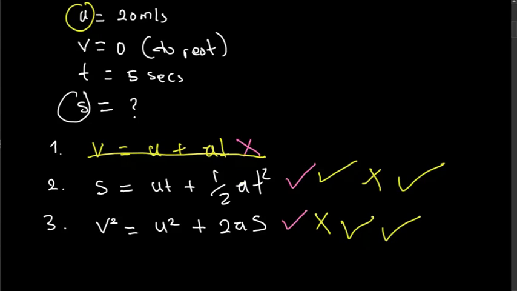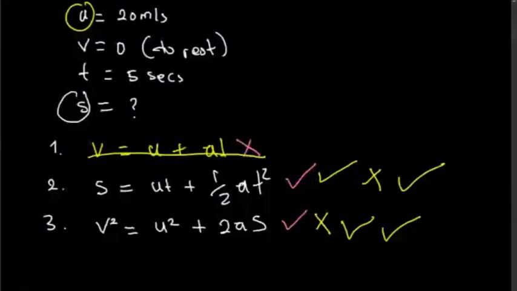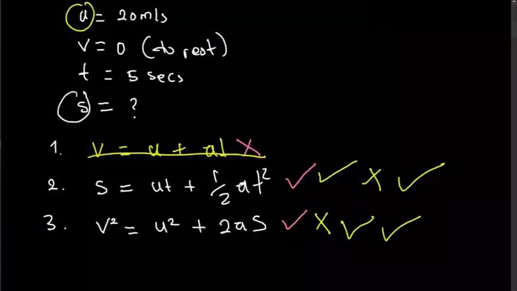For equation 2, there is initial velocity, yes. There is time, yes. Is there acceleration? No. So the only thing missing in equation 2 is acceleration for us to find distance.